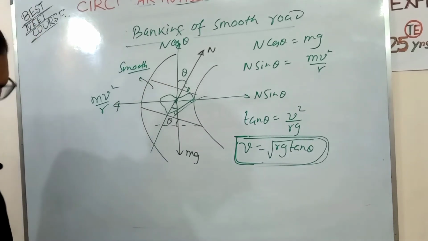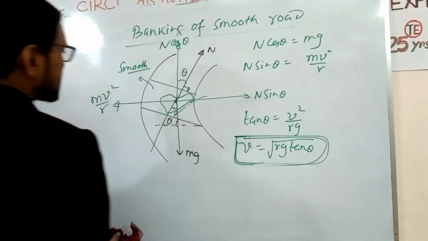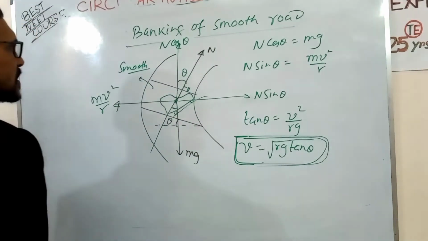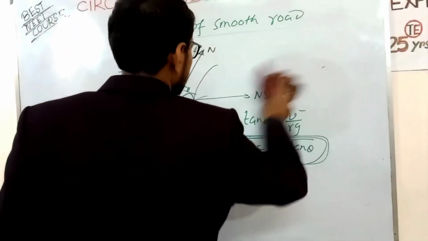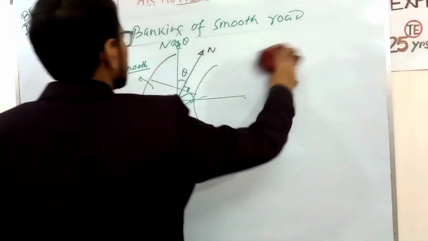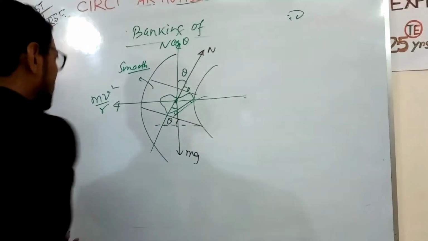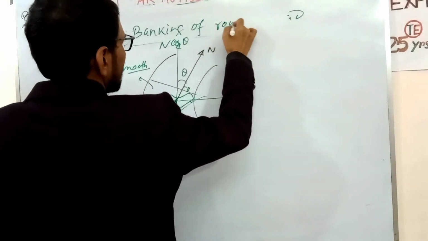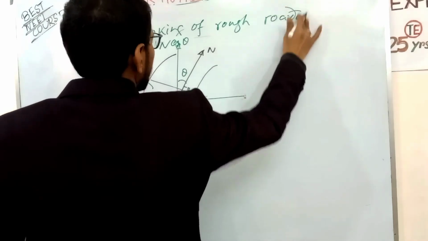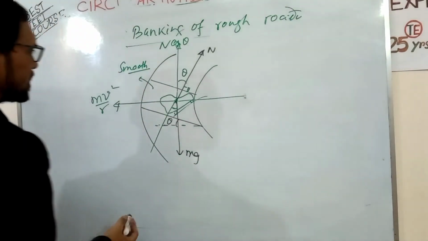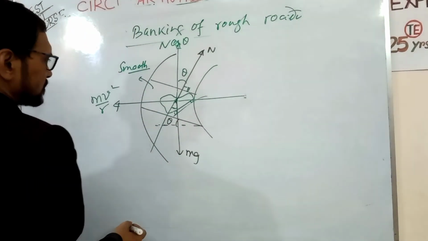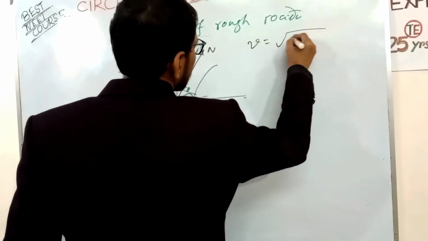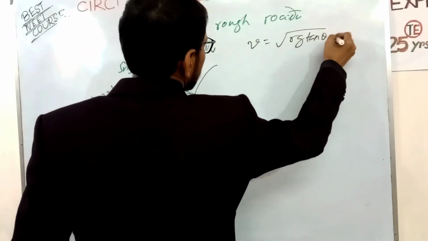Now if there is friction, what happens? Now, banking of a rough road. If v equals root over rg tan theta, then friction equals 0.